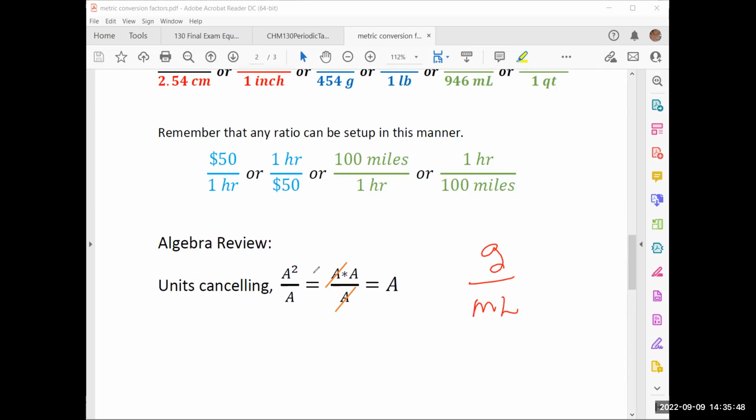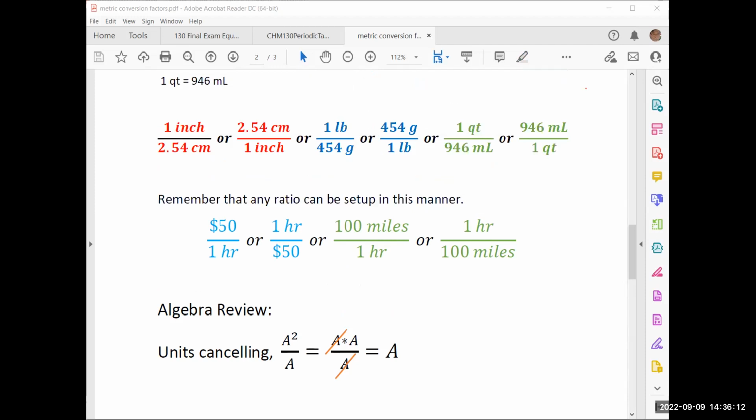Here, when we're multiplying like terms, so it's A times A gives us A squared, okay? And we're dividing by A, we can divide it as follows. So just a general review, go back and refresh your memory about some general algebra, nothing complicated. Okay? Because we'll be looking at units.